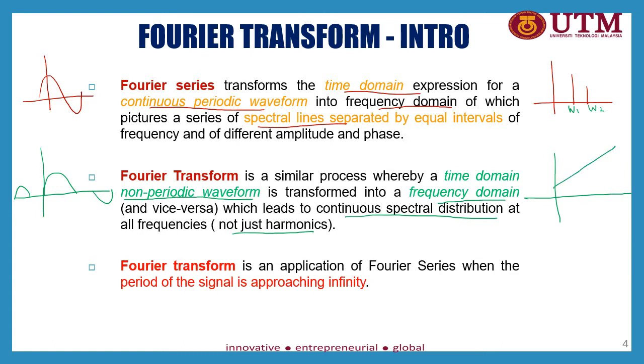Okay, it's continuous lines, covers all frequencies, so all frequency omega 1, omega 2, omega 3 up to infinity. Okay, because you can't even see every single harmonic as compared to the Fourier series. So Fourier transform is an application of Fourier series when the period of the signal is approaching infinity.